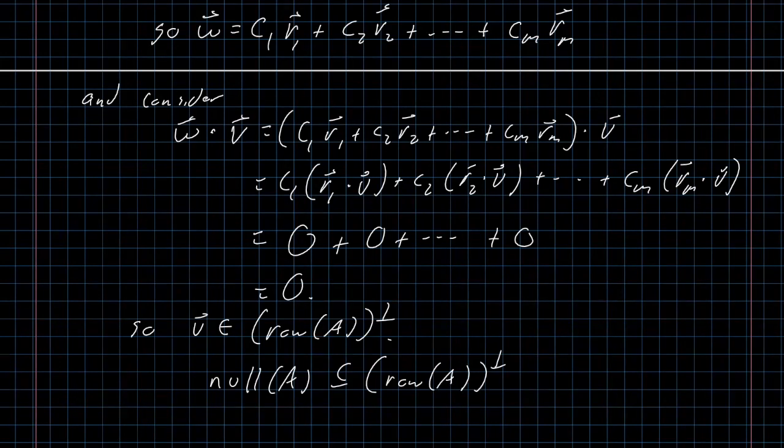I'm not going to walk through and show you that this works in the other direction. But if we assume that a vector is in the orthogonal complement, you kind of go backwards. You get this relationship, which gives you that all of these things are equal to 0, which gives you that the vector is in the null space as well.